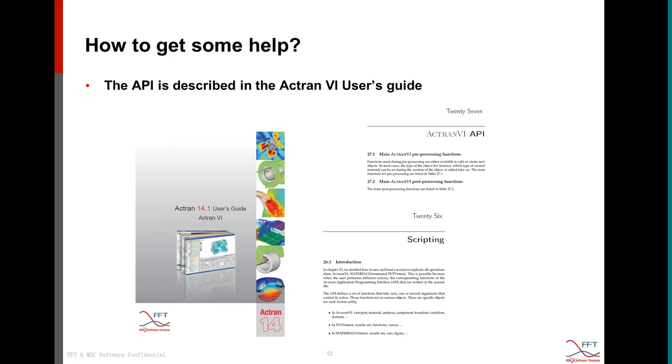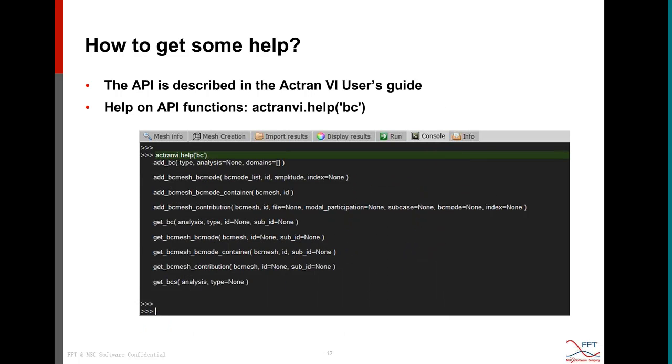As I said previously, the complete list of functions, including their arguments and their syntax, is provided in the Actran manual. Also, for advanced users, an interactive help is provided within the console of the Actran VI. For example, the help command provides the help for required functions.